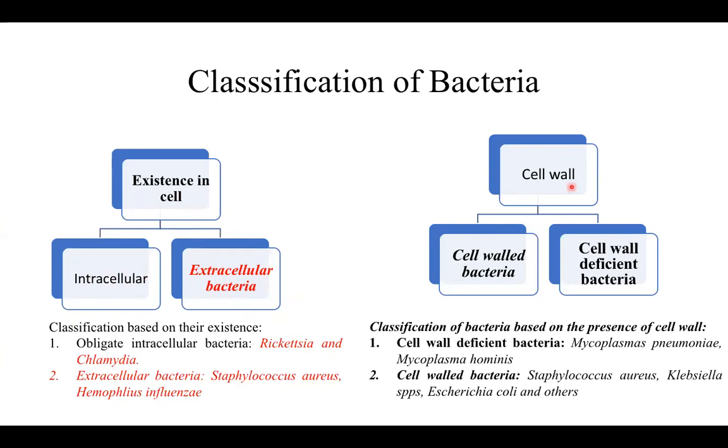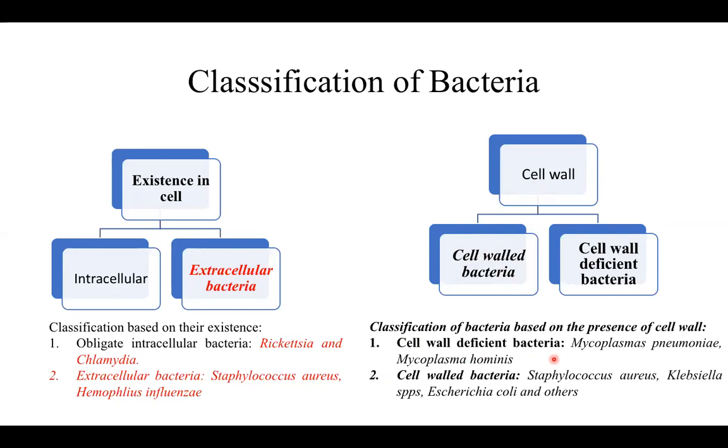Another method for the classification of bacteria is based on the presence of a cell wall. Those bacteria which have a cell wall are known as cell-walled bacteria, while those bacteria which do not have a cell wall are known as cell wall deficient bacteria.